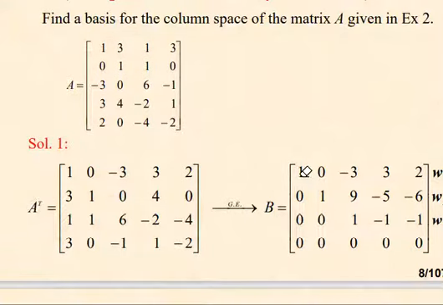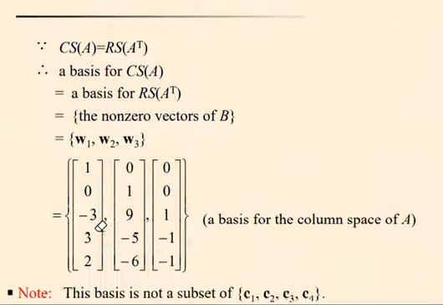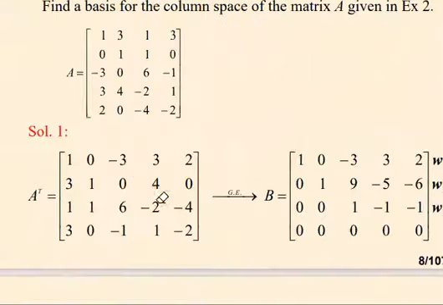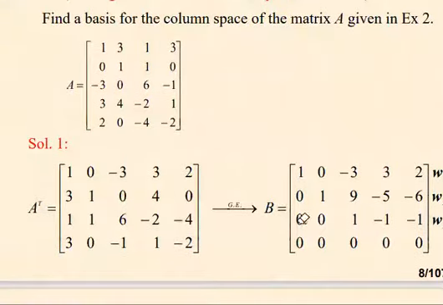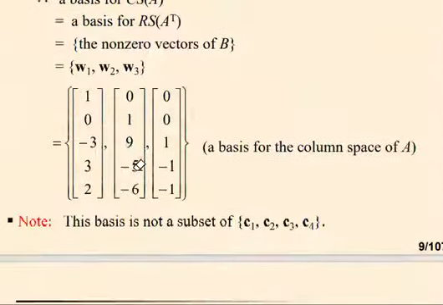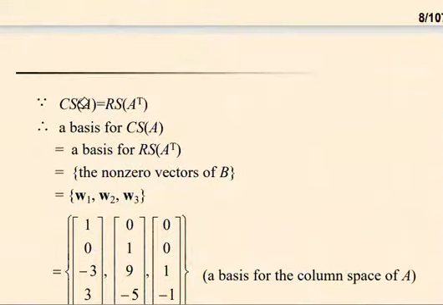Therefore, these are the base elements of the column space. Column space of A is equal to row space of A transpose.